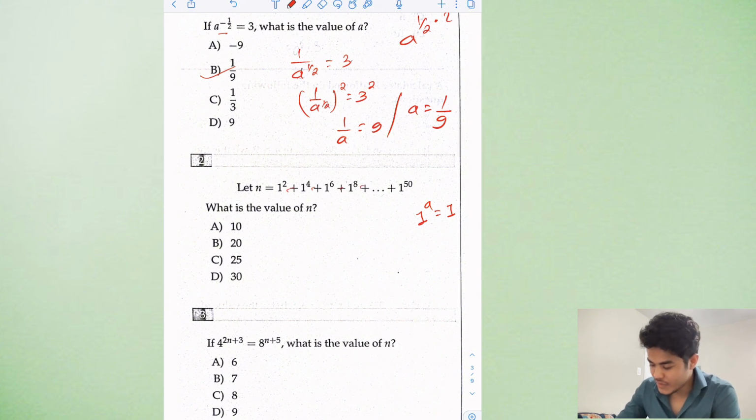Since our last exponent is 50, we find that we have 25 terms. So n equals 1 plus 1 plus 1 plus, and so on, 25 ones. So n is 25.